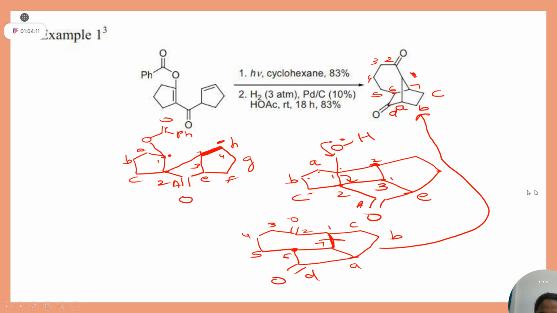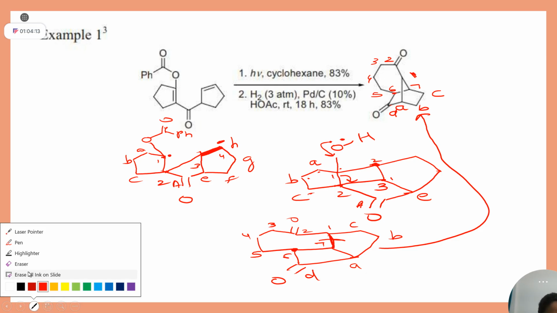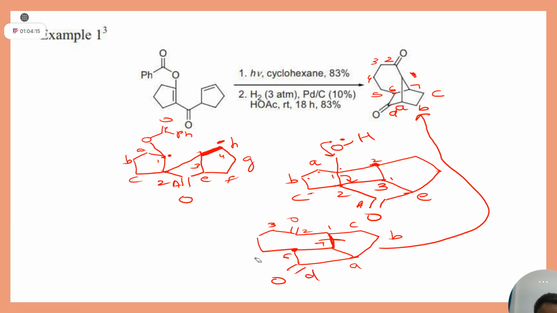Basically, for simplicity, let me erase all these numbers. And if I match DE, and here 1, 2, 3, 4, 5, 6, 7 membered, 5 membered, 4 membered. Everything is correct. We just have to match our answer.